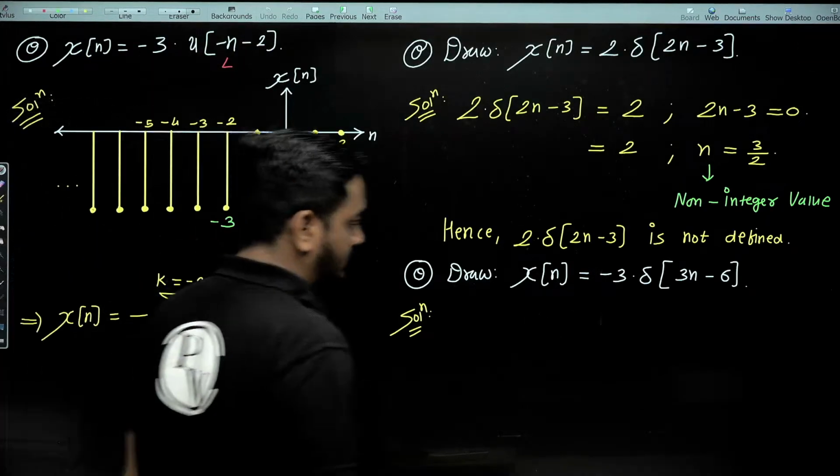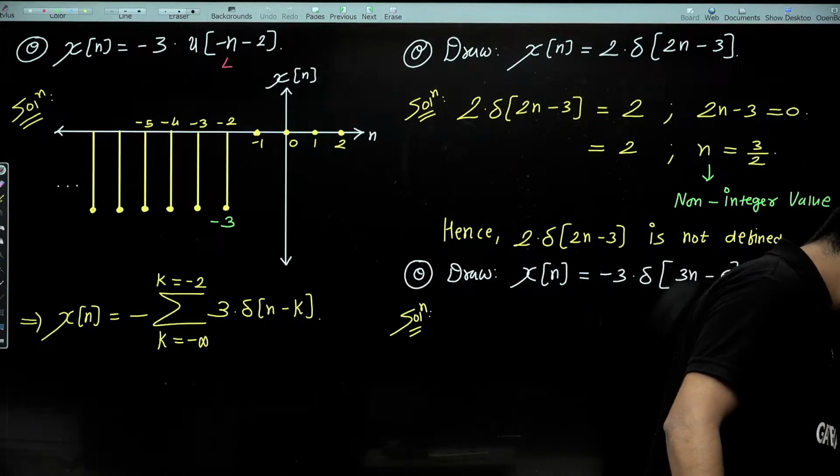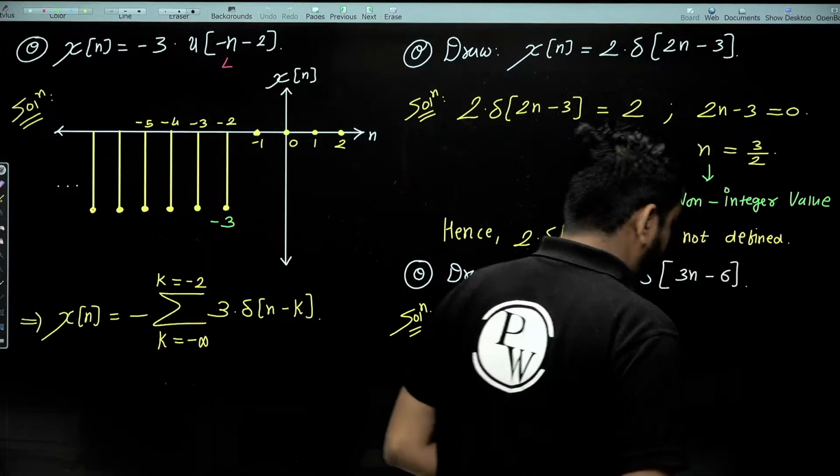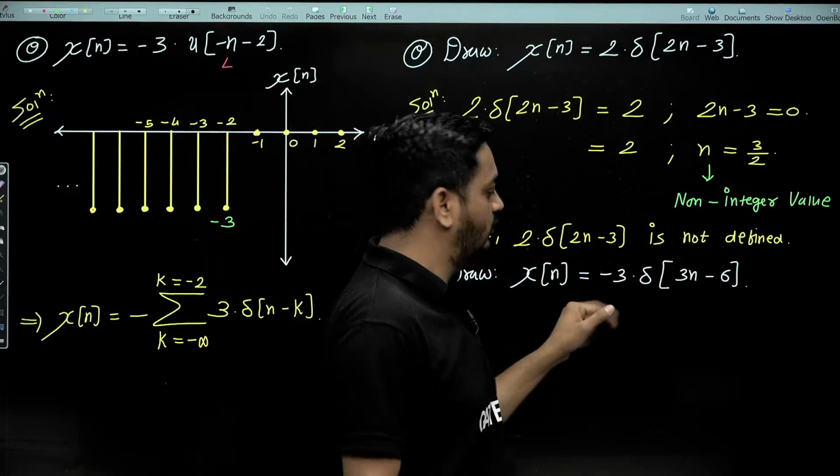So here the amplitude is minus 3, and the starting point is 2, guys.